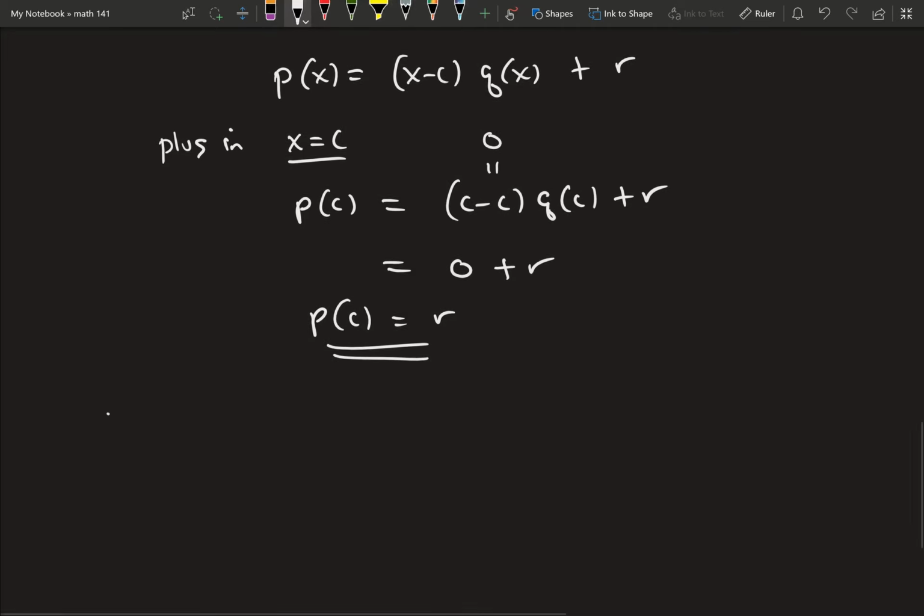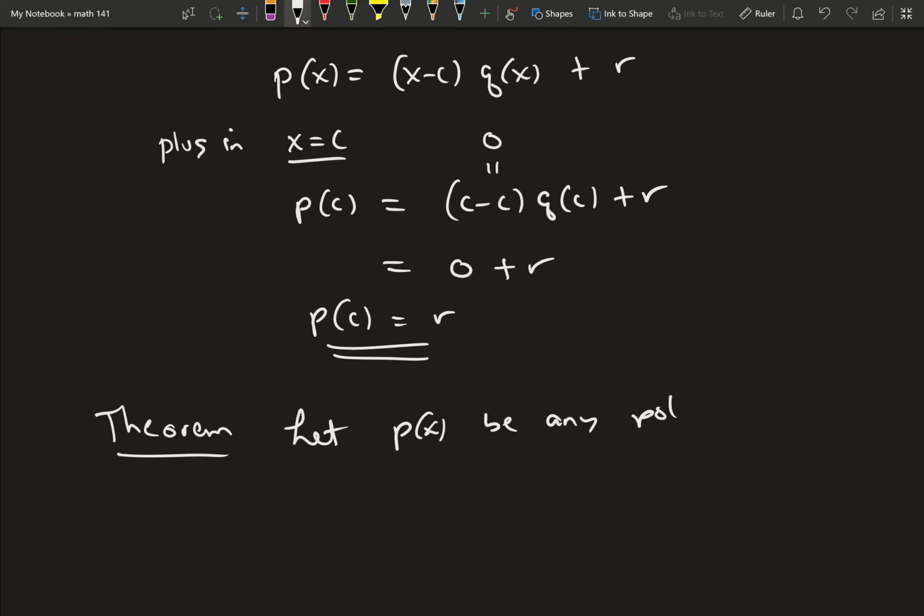So this is actually a theorem. Let me just restate it. Let p of x be any polynomial, and d of x be x minus c.